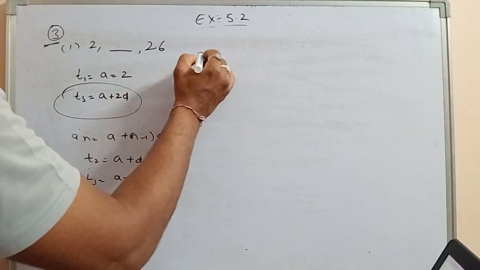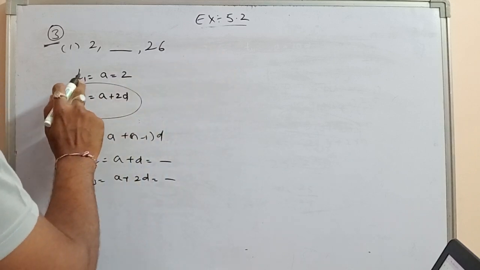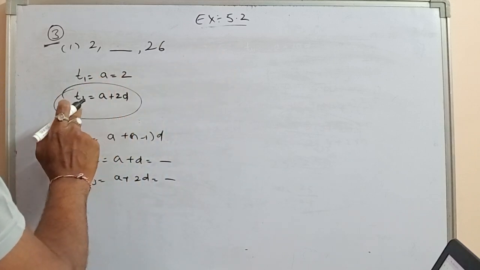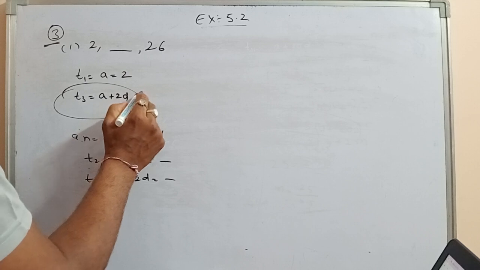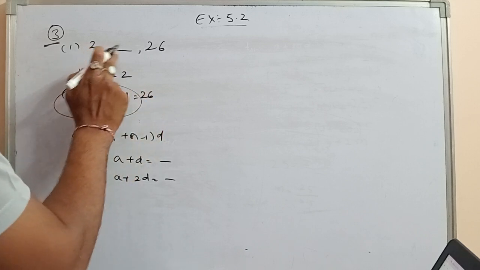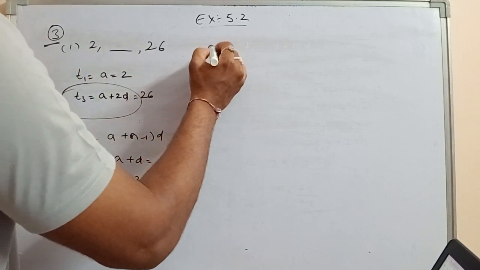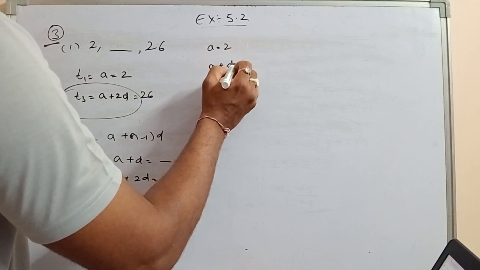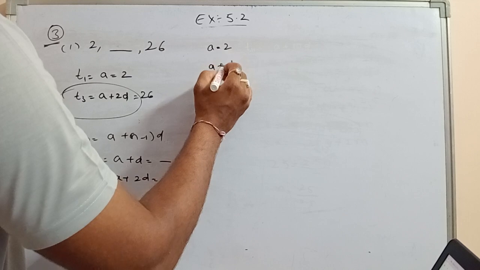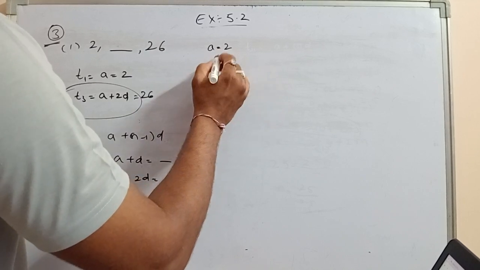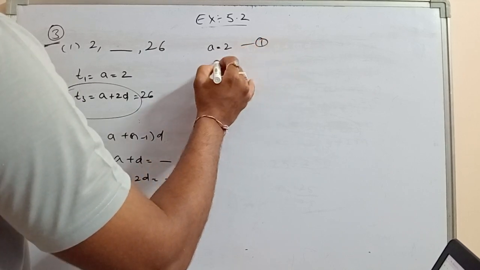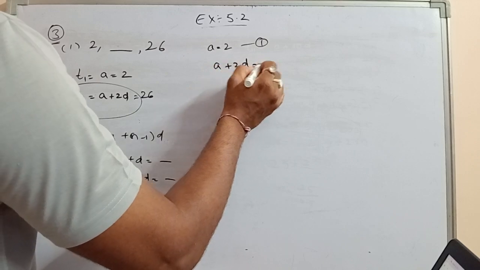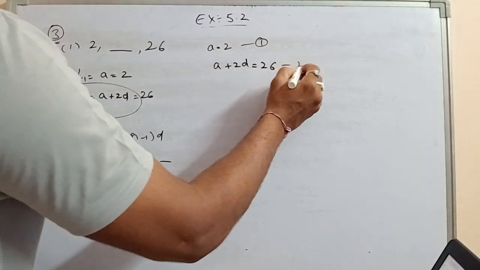In the same way, we know T1 is equal to a is equal to 2, and T3 is equal to a plus 2d, which is 26. So we know a is equal to 2, this is the first equation, and a plus 2d is equal to 26 is the second equation.